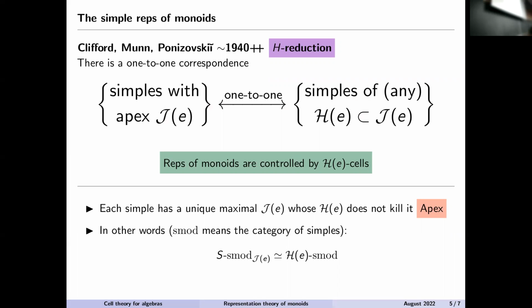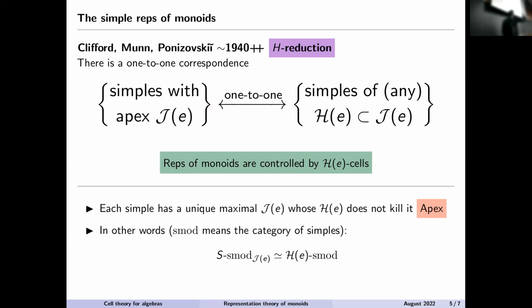And then the corresponding representation of the group, we need the simples of each. Note that this is a monoid, one of these crazy egg-box blocks. This is a group. So the representation theory of monoids is essentially the same as the representation theory of groups plus some steps. Which is really good.